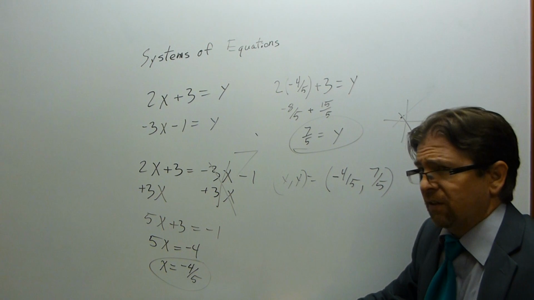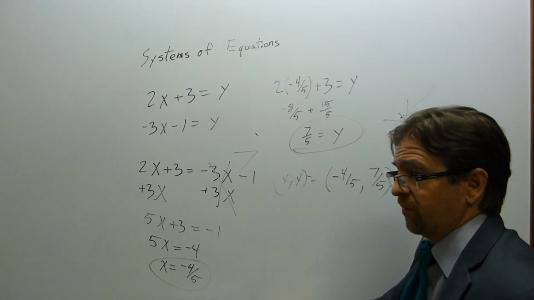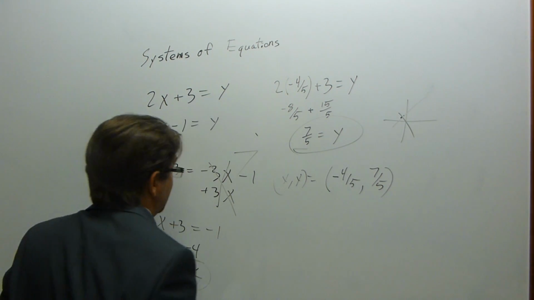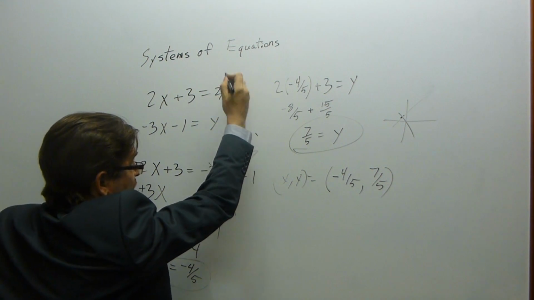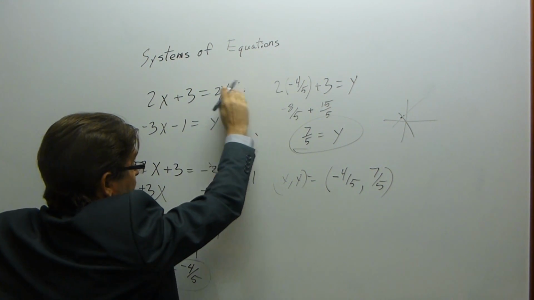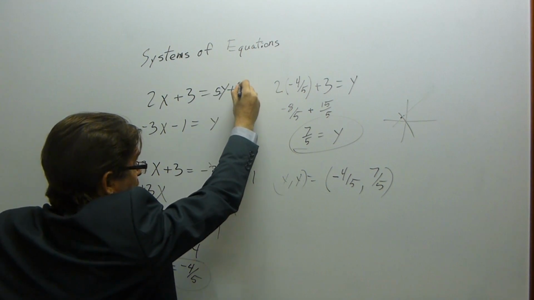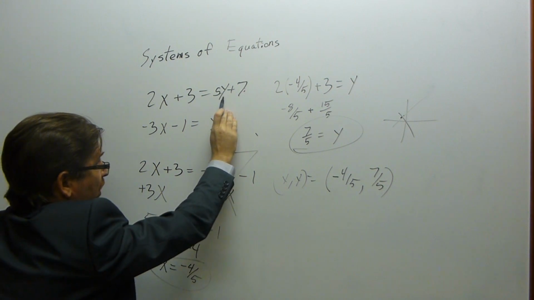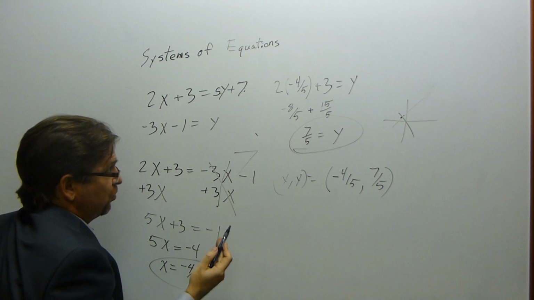Okay. Now, they don't always come this simple. We can solve them more complicated. If I, for instance, had a more complicated function here, let's make that different, 5y plus 7. Then I could have solved for y, or I could have taken this equation and done what we call substitution.